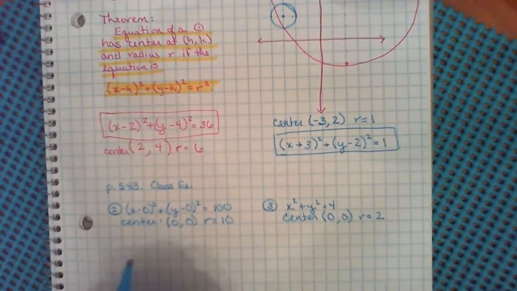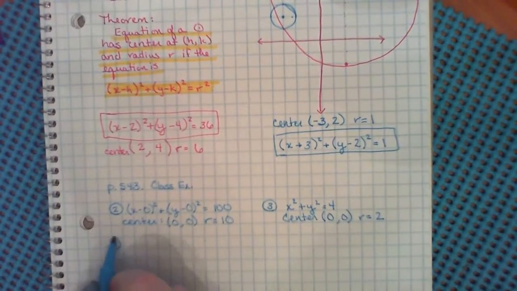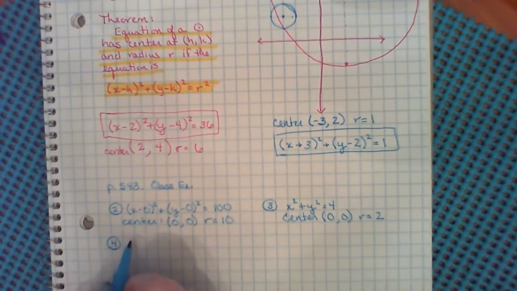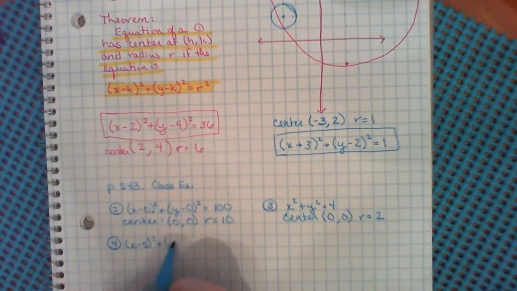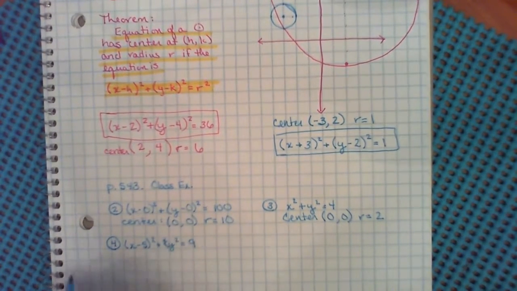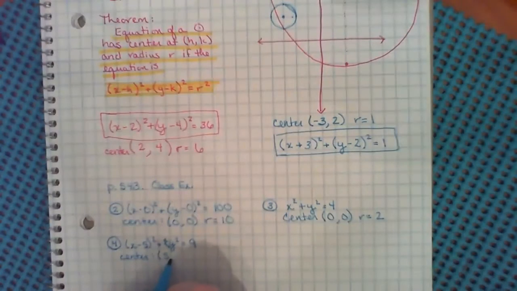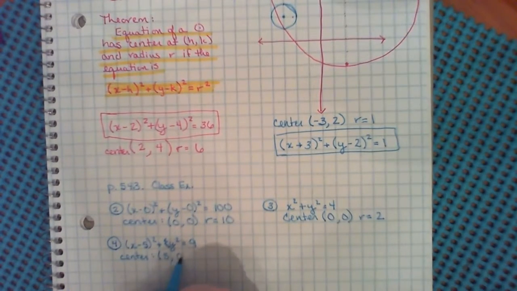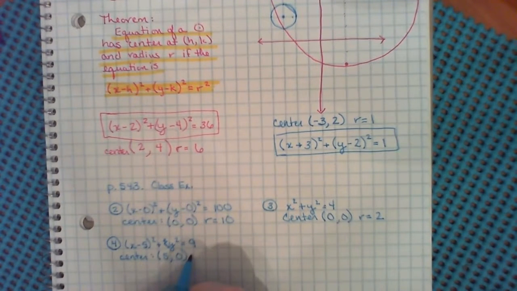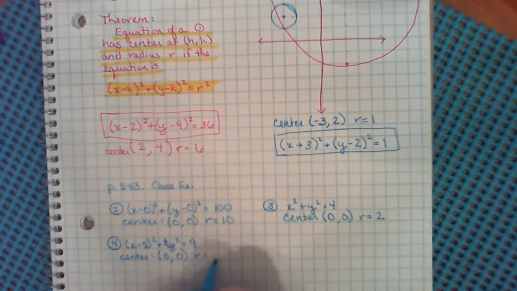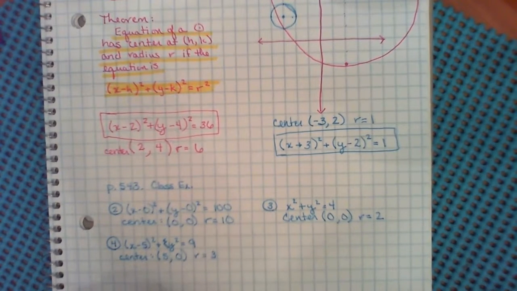For number 4, it says (x minus 5) squared plus y squared equals 9. My center is going to be at (5, 0), because there's nothing added or subtracted to the y, which means my radius is going to equal 3.